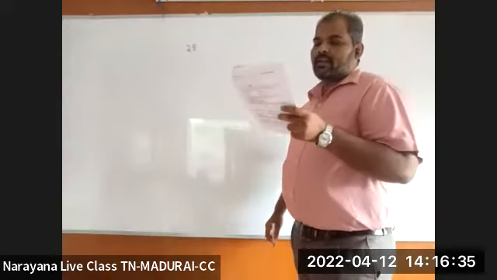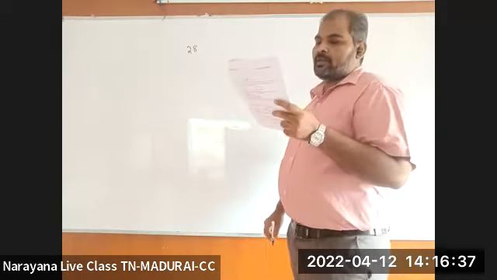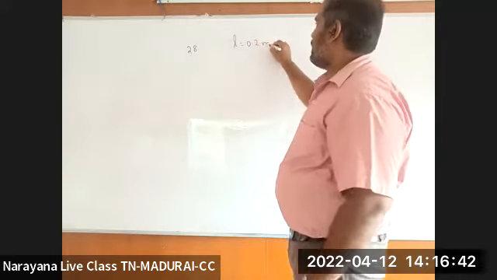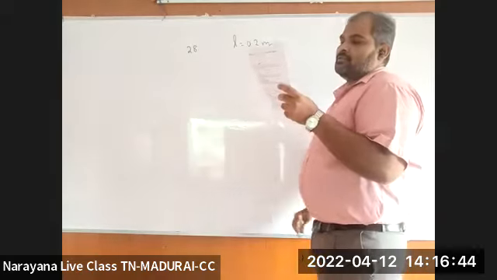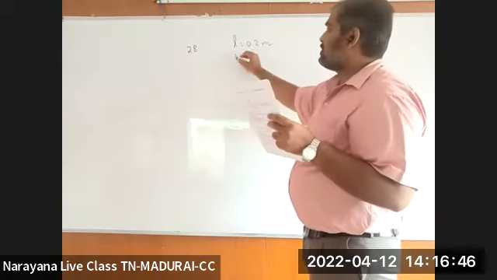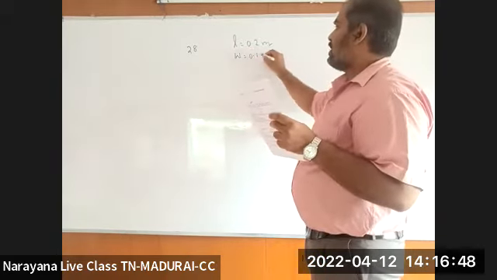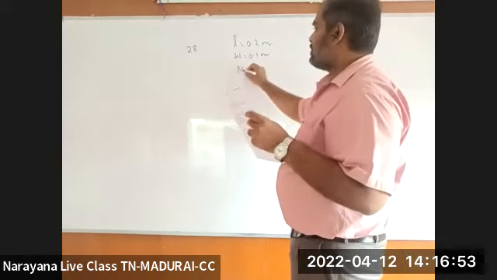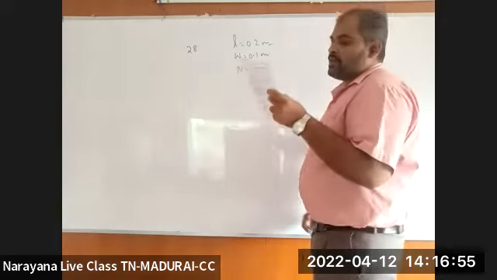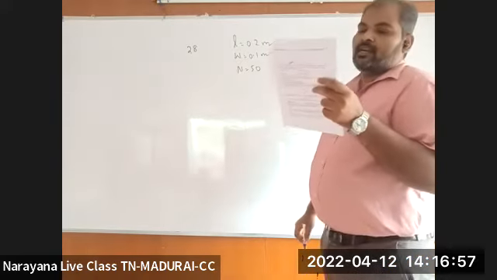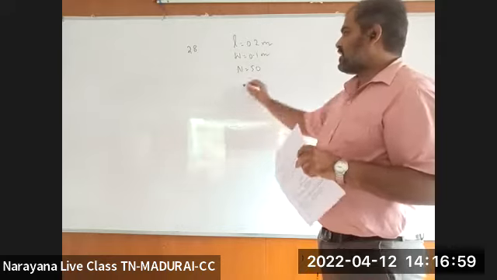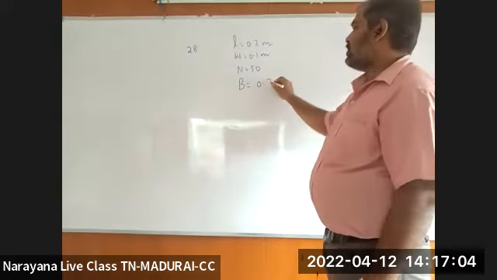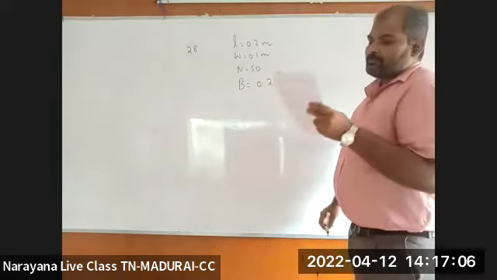Question number 28. A rectangular coil of length L equal to 0.2 meter and width equal to 0.1 meter, having 50 turns, is suspended vertically in a uniform magnetic field of strength 0.2 Tesla.